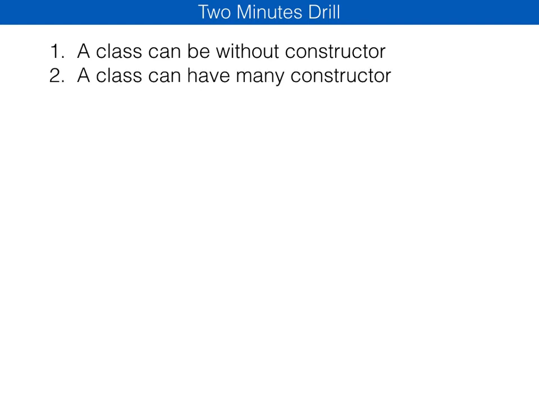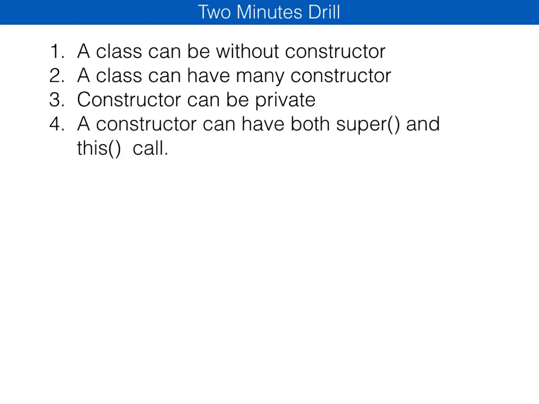Now, a simple drill to check your knowledge. So, tell me whether true or false. A class can be without constructor, true or false. A class can have many constructors, true or false. Constructor can be private, true or false.